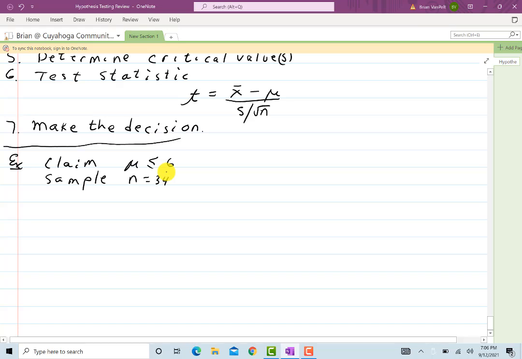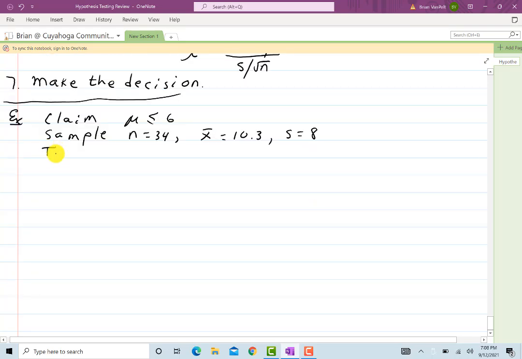We may use the t-table. And then from this sample, we also got a sample mean of 10.3 and a sample standard deviation of 8. Test the claim at alpha equals 0.01.